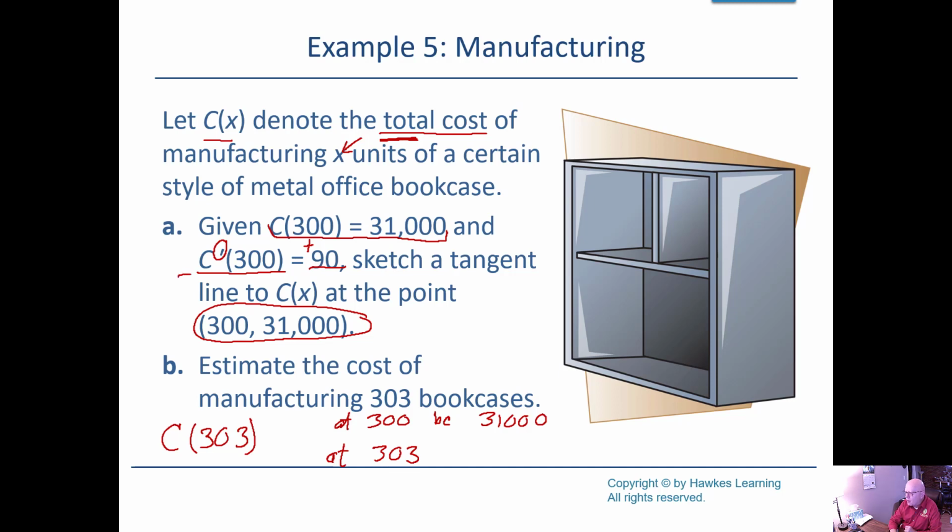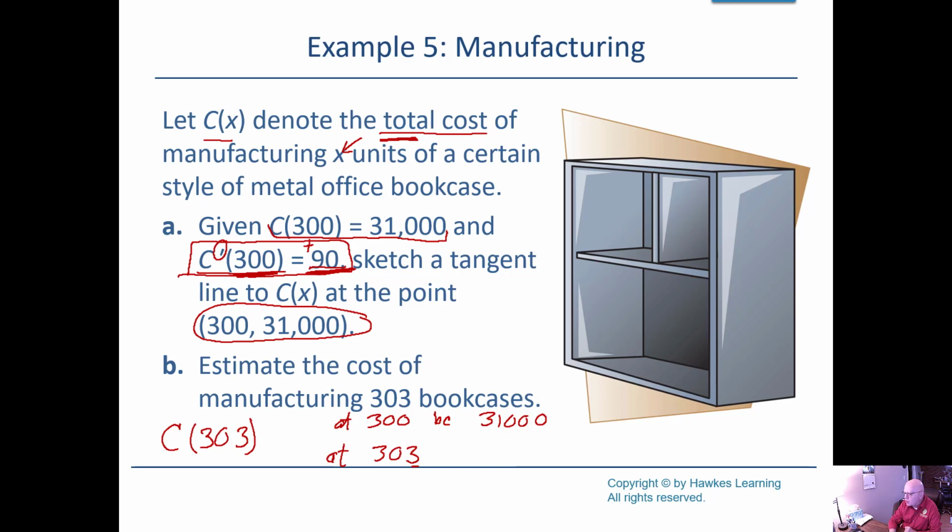What's happening to the cost once you get to that 300 level of manufacturing? Well, it says that at this point, where you're making 300 per day, for example, every extra one is going to cost you an extra $90. We're making 3 extra ones.